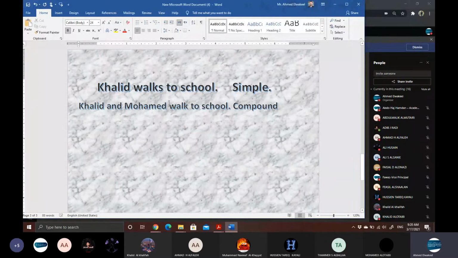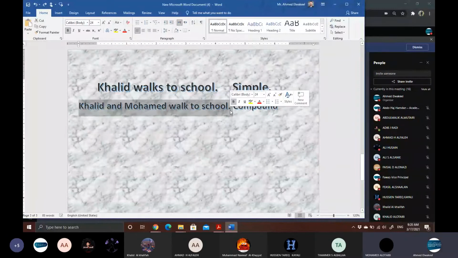So, is Khalid and Muhammad walk to school a compound sentence? No. Why? Because it can stand alone. If I take out Khalid, Muhammad walks to school becomes simple. So it's a simple sentence with a compound subject.